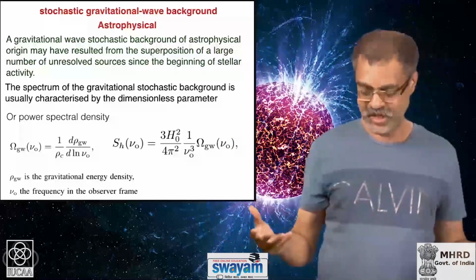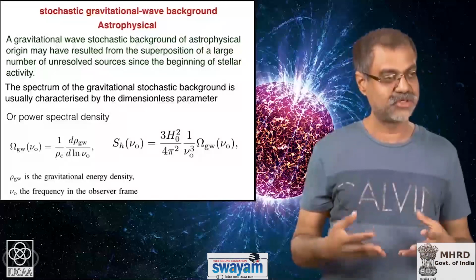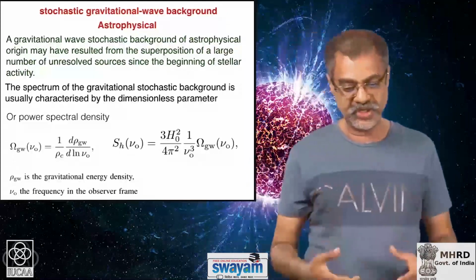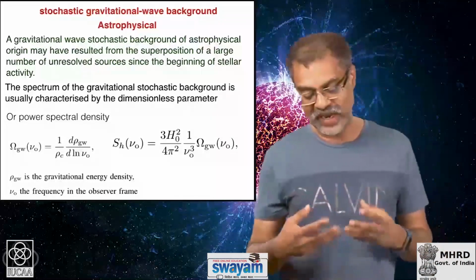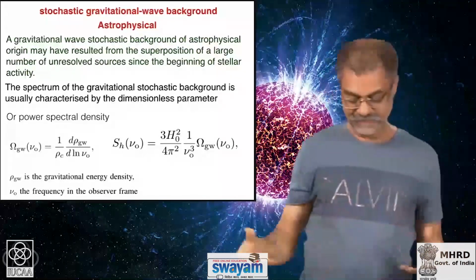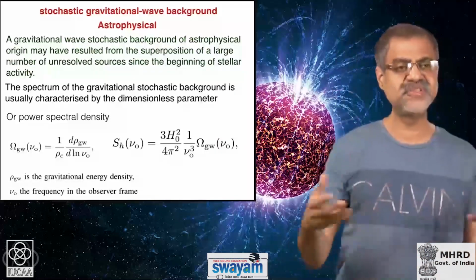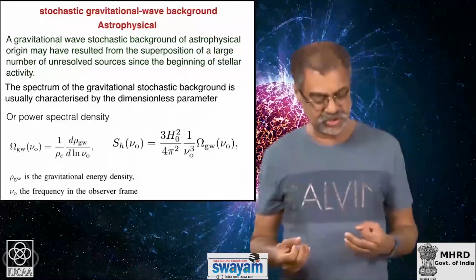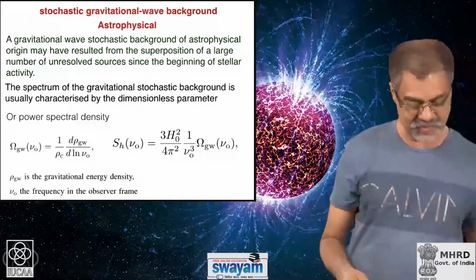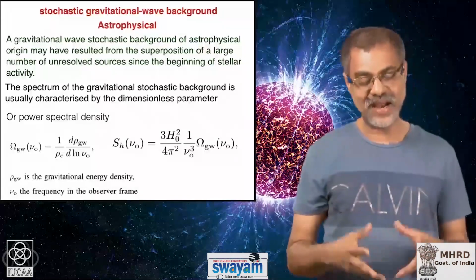There may be so many of them that your detector may not be able to distinguish individual sources, or there may not be enough signal in the individual sources to be individually identified. So, this leads to a background of radiation which is coming from the astrophysical binaries. Those will have a distribution based on the local binary population, how many of the stars can produce signals in the right frequency band and so on.